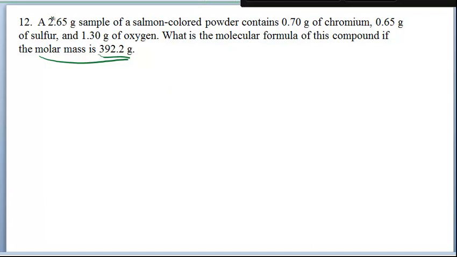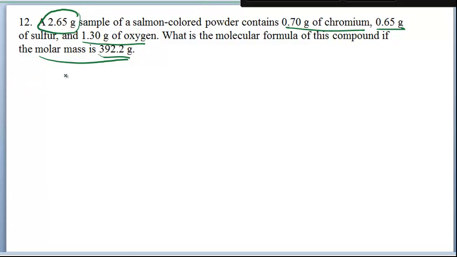So we know we have 2.65 grams total. The fact that they gave us the total mass of the sample, are we really going to use that? Do you think we'll need that at some point? And the answer is actually no. You don't really need that. It's nice that they give you that, but the data that you're really going to make use of are the three mass values of the three different elements.